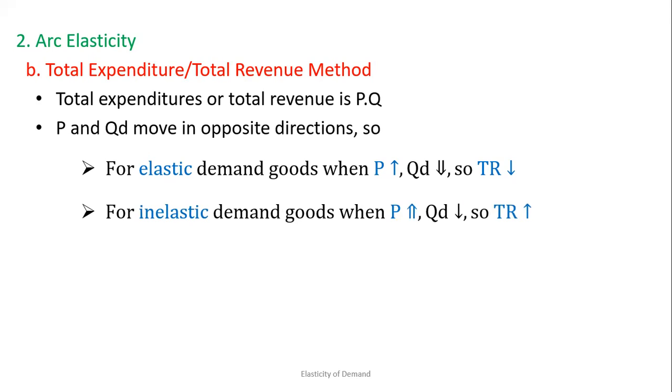And when an increase in price results in a smaller decrease in quantity, the price effect will dominate and hence the total revenue will increase. Therefore, whenever we see the movement in price and the movement in total revenue is in the same direction, we can infer that this is an inelastic demand case.